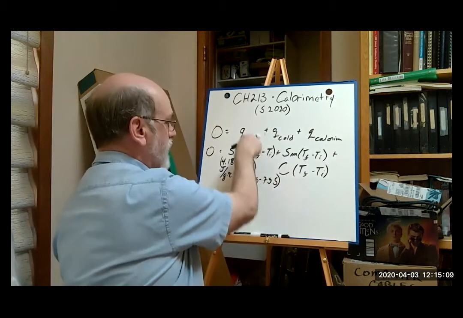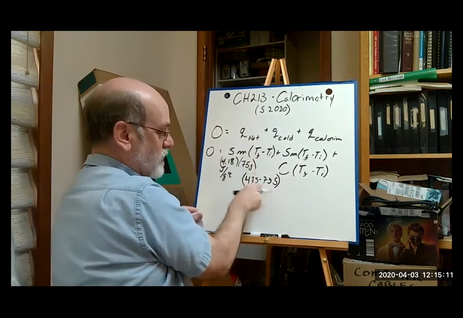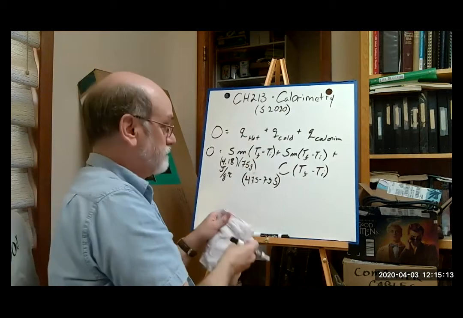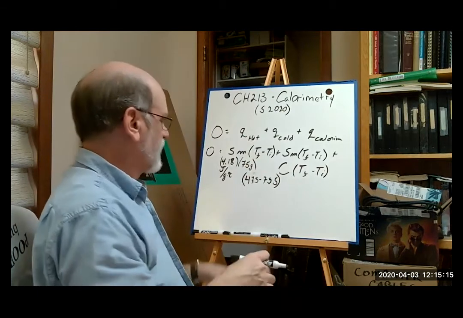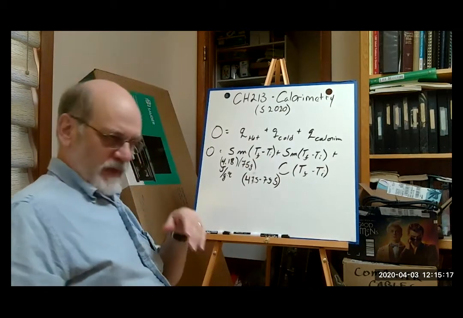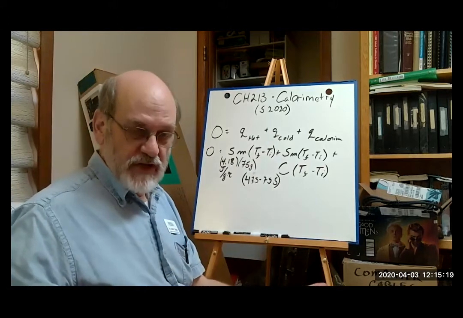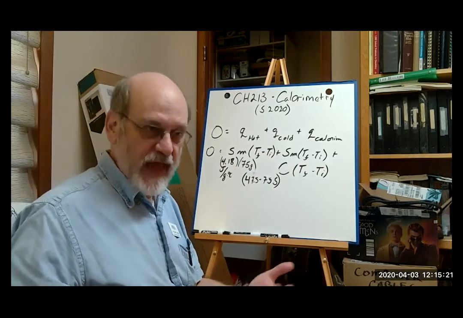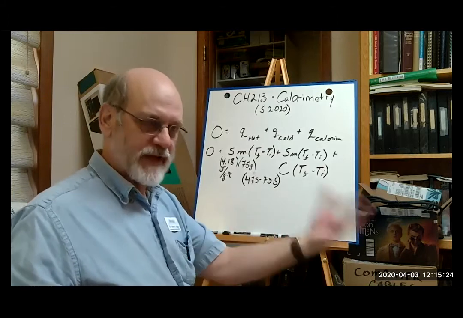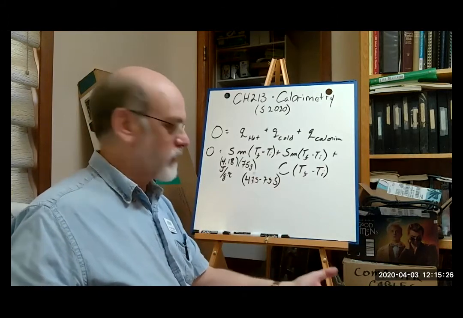So that's the hot water change. Notice it's going to be a negative number, right? So the hot water lost energy. A negative number means exothermic. So it lost energy to the cold water.